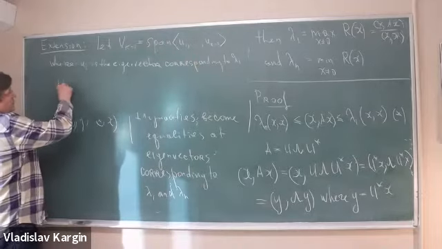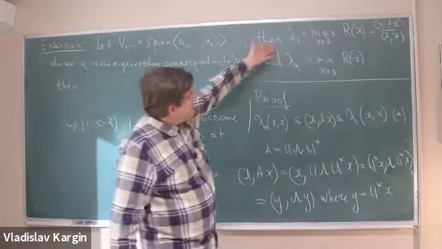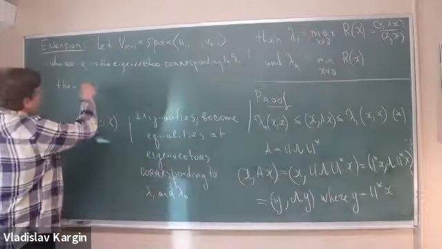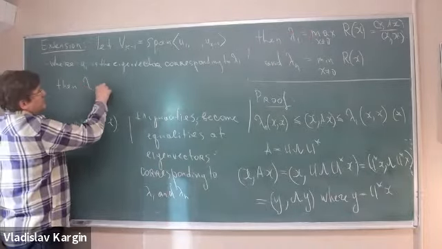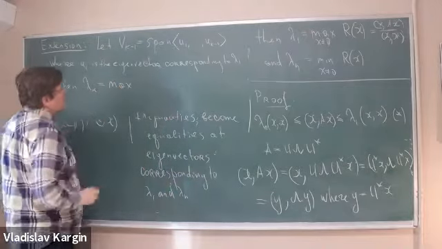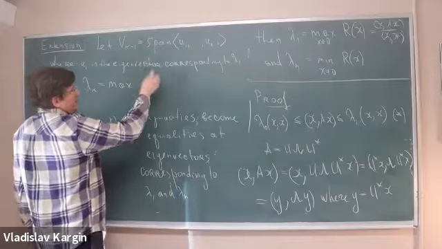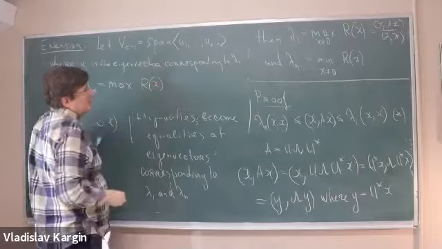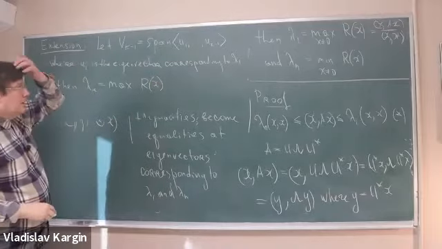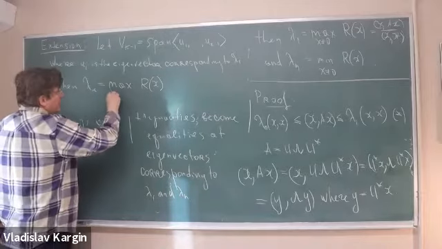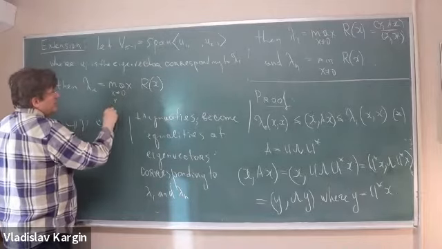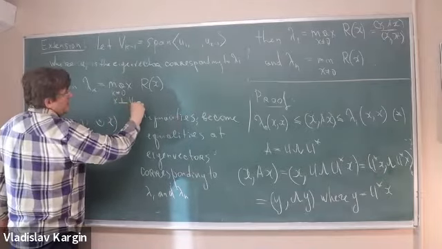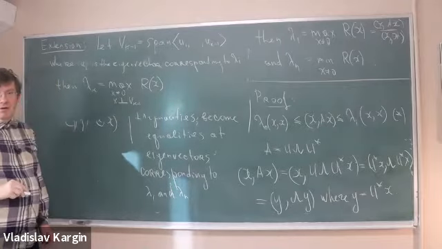Then we want to extend this, which says that this is a maximum or minimum, and I'm extending this with its maximum. So lambda k, a new eigenvalue, is just the maximum of this ratio R(x) over all x which are not zero and also perpendicular to V_{k-1}.